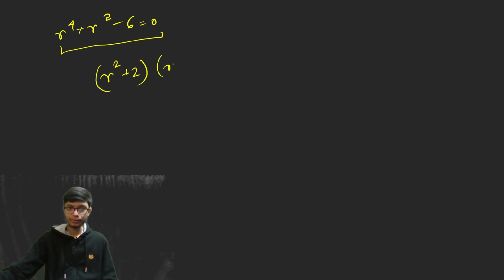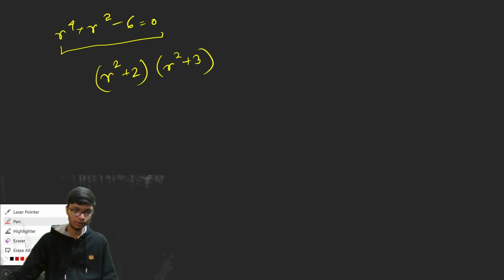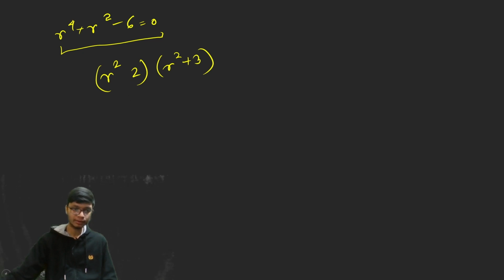This will be easy to factorize using the factors 3 and 2, so this will be r square plus 3 into r square minus 2. So the factors will be r square minus 2 into r square plus 3 is equal to 0.